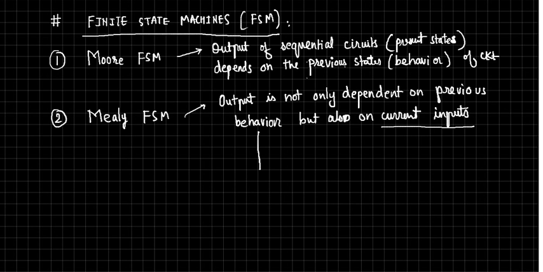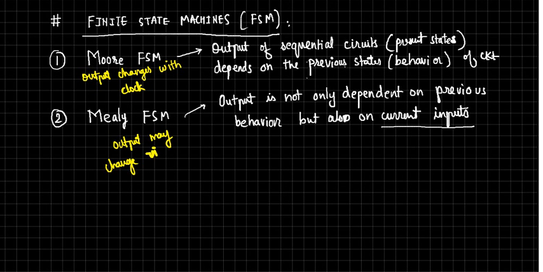So let me write that. In Moore, the output changes with the clock, and in Mealy, the output may change without clock transitions.